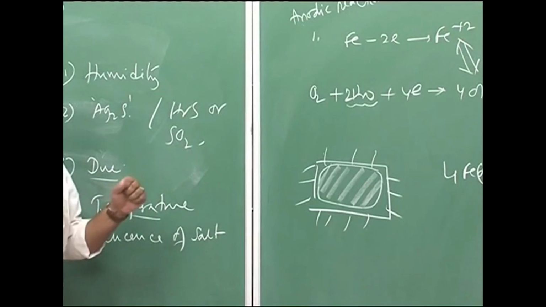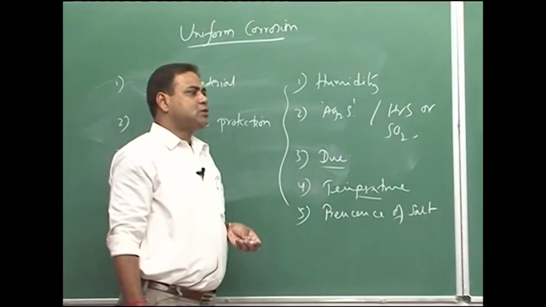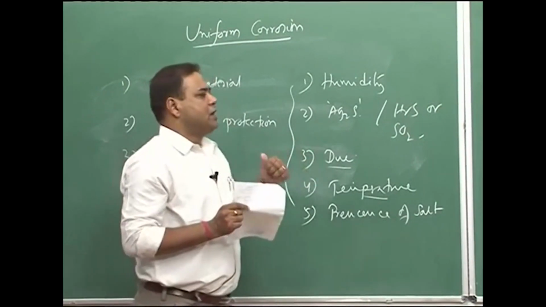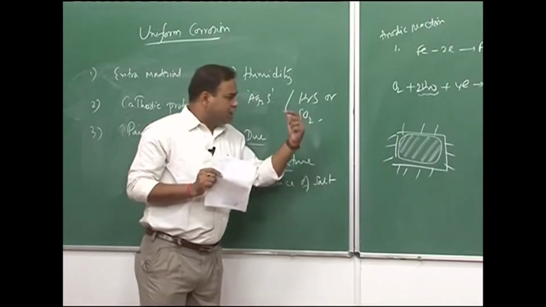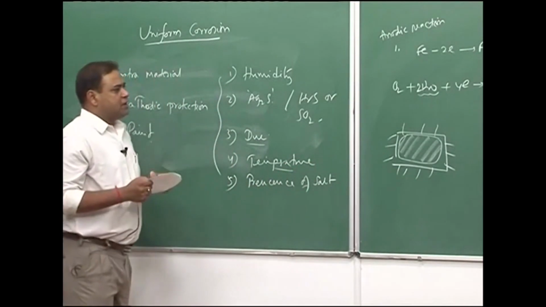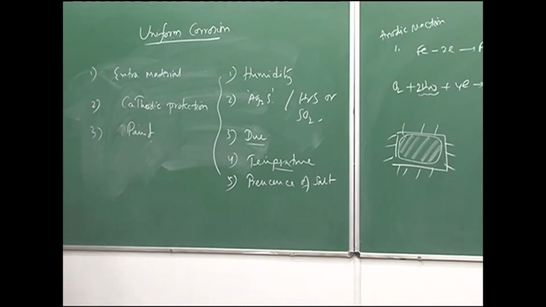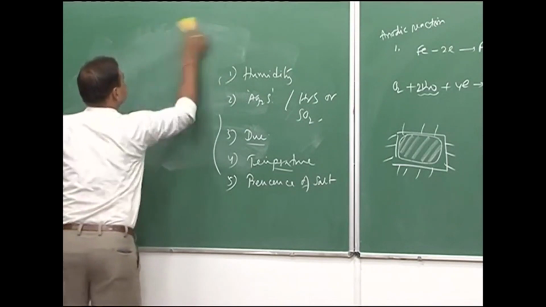But in most cases, localized corrosion is very difficult to detect by normal naked eye observation. So, those corrosion phenomena are to be looked at very carefully and studied properly. Let us get into the first example of localized attack.